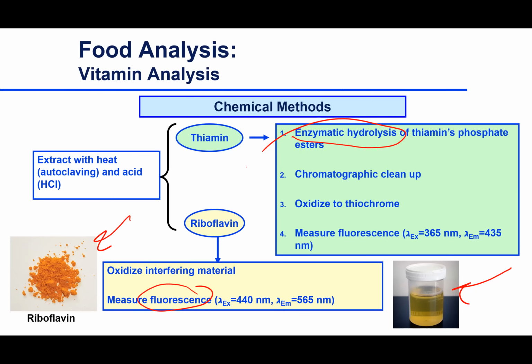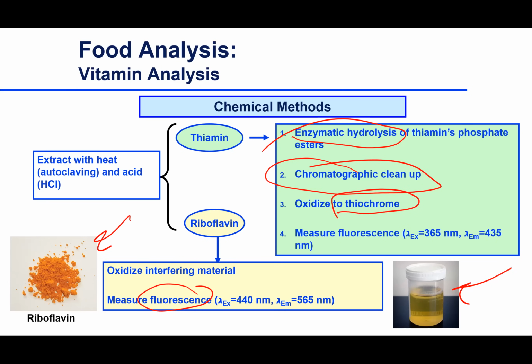Once you do that, there are also various kinds of chromatographic cleanup, like solid phase extraction columns. Is that something you've used in class? No? Take my lab class, you'll get to use them. Clean it up, and then you oxidize the thiamine to thiochrome.